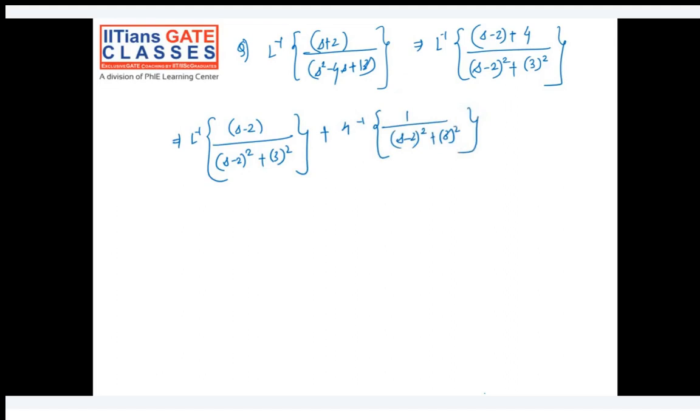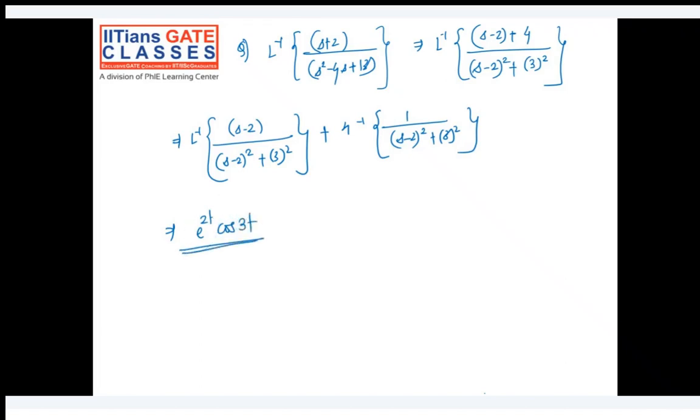Right, we can write it like this. So what is this? The inverse Laplace of s divided by s square plus a square is cos of at. So can I write it like e to the power 2t cos of 3t, by using shifting theorem?